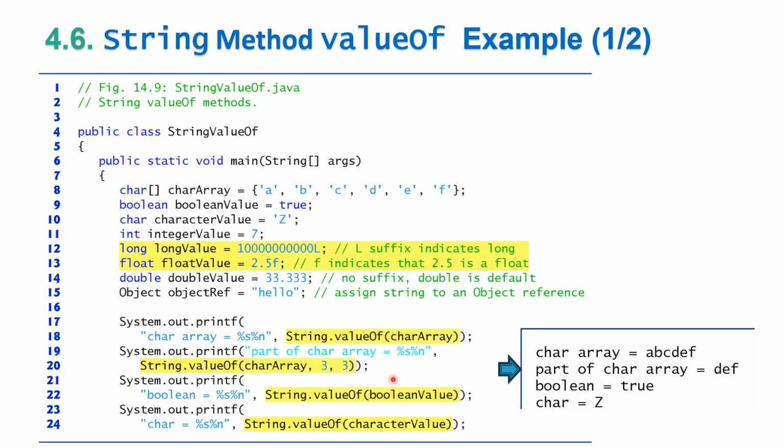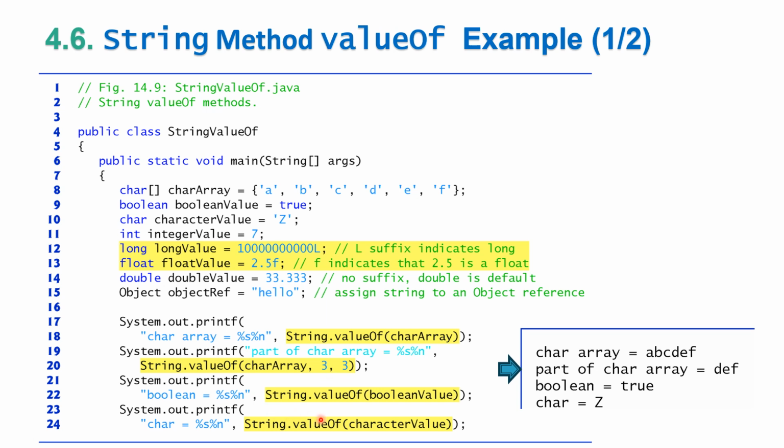The second call uses the 3 argument version of the method valueOf with arguments charArray, 3, and 3. This call returns the string representation of the subarray of 3 characters starting from index 3 of charArray. So the result is the string DEF.